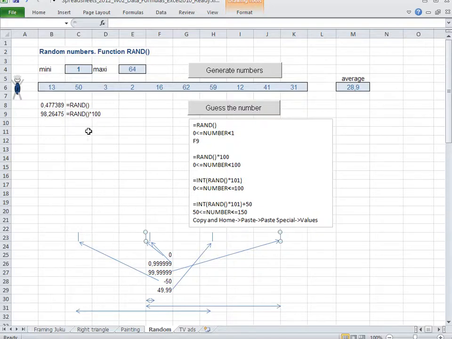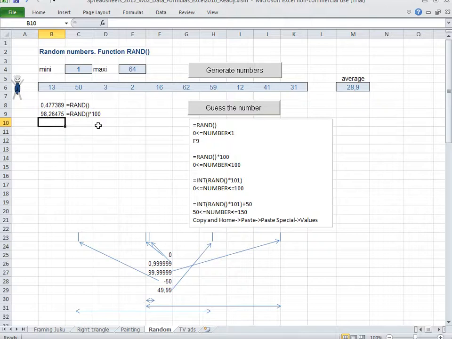Okay. Now, what if we want to select 1 out of 100 people, where we still want to get a number between 0 and 99, but we don't want the decimal places? In that case, we have one more difficult formula.